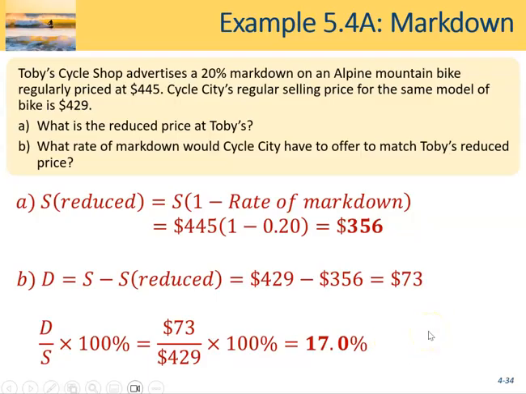So if Cycle City wants to match the reduced selling price to Toby's, they need to offer a 17% discount, whereas Toby is offering a 20% discount. But in the end, it's the same reduced selling price, and that's because Toby's original price was higher than what Cycle City was offering as their regular price.